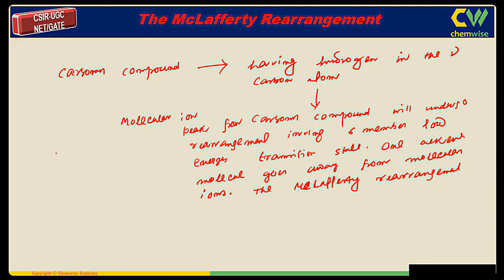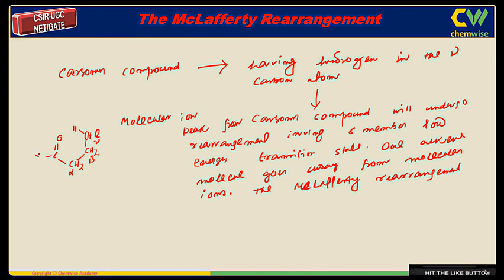It's a simple thing. So C double bond O, this is CH2, this is CH2, CHRH. So alpha, beta, gamma. So here is a gamma hydrogen.